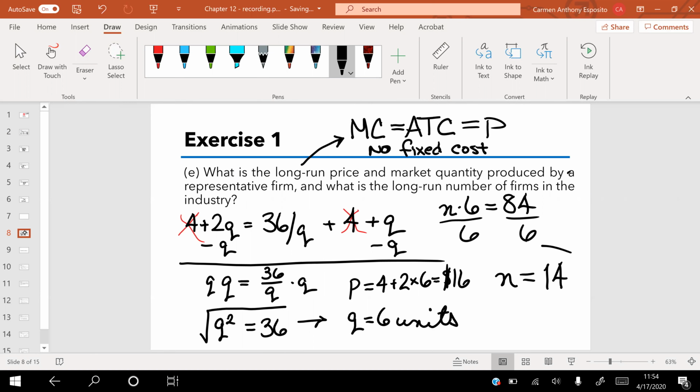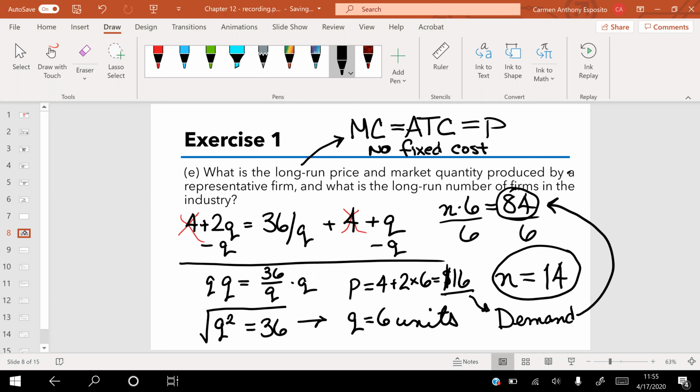So there are 14 firms in the market. So let me just correct something that I said. To get this number, you take the P that you find and you plug it into demand. Okay? And that's our first exercise.